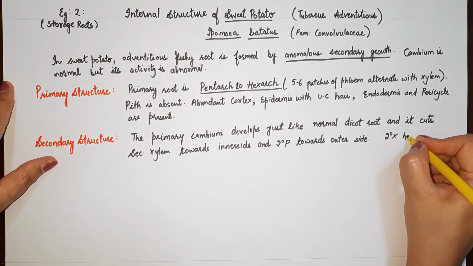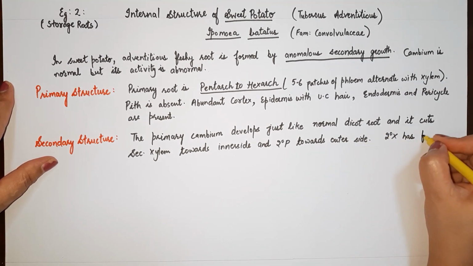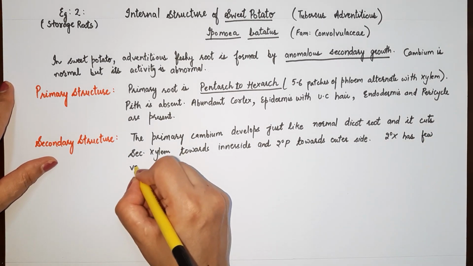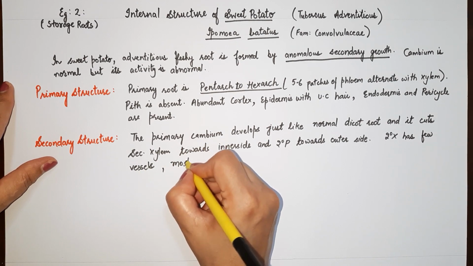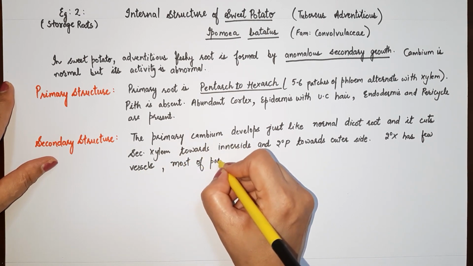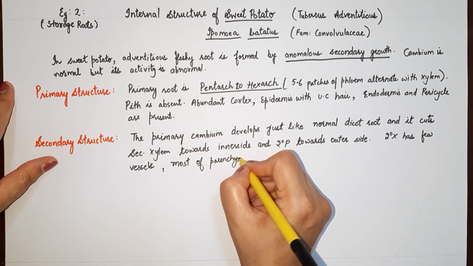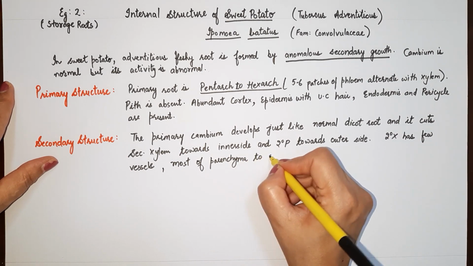Secondary xylem has few vessels. Most of parenchyma to store food.